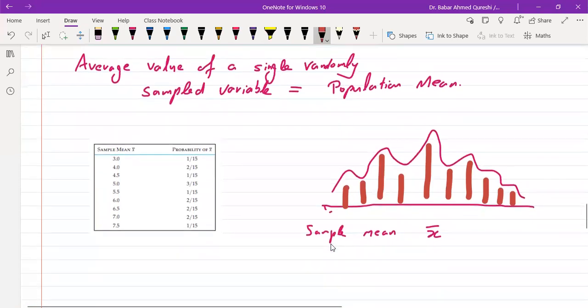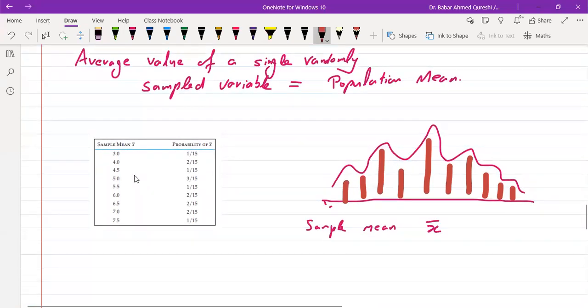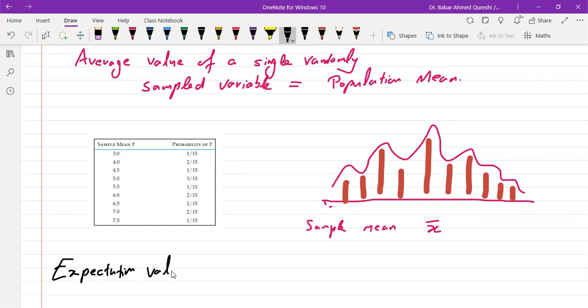Now, I have got this sample mean, and I have got the probability for each one of them. Now, what I can do, I can compute the expectation value of sample mean.